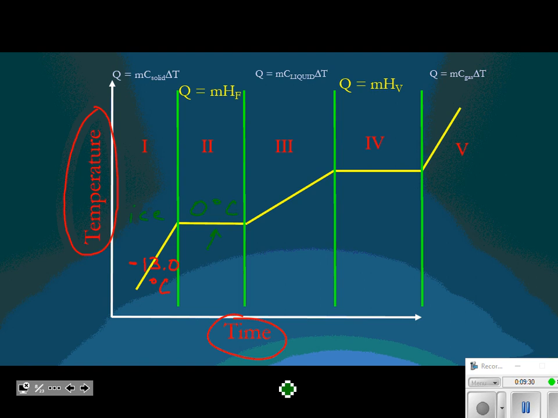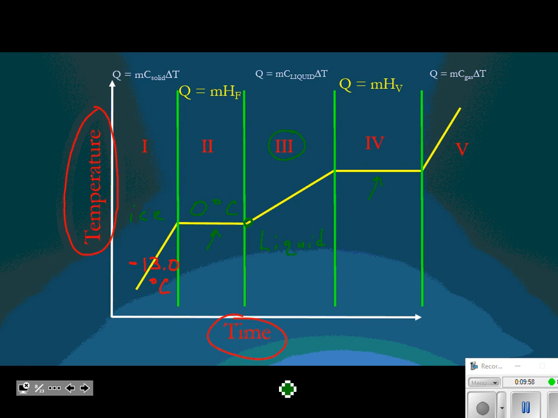When you come in to then area number 3 here, area number 3 is going to start right here, and this is going to be a liquid. So all of area 3 is going to be a liquid until we hit that plateau again in area 4.